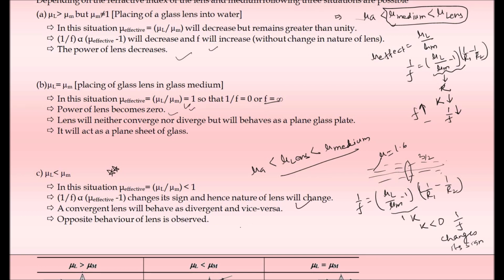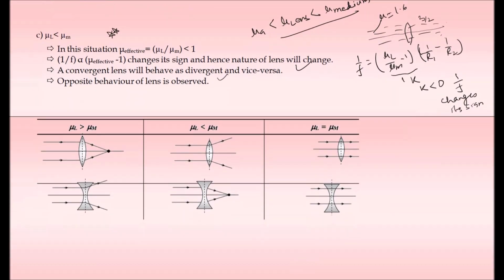So a convergent lens will behave as a divergent lens and vice versa. That is, a divergent lens behaves as a convergent lens and opposite behavior of lens is observed. This is a very important concept: if we place any lens in a medium having a refractive index more than itself, then we see the opposite behavior.